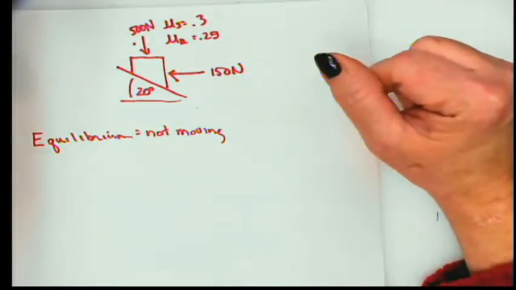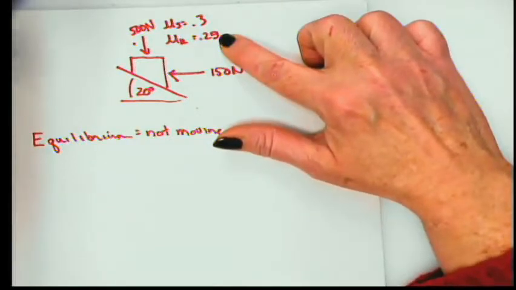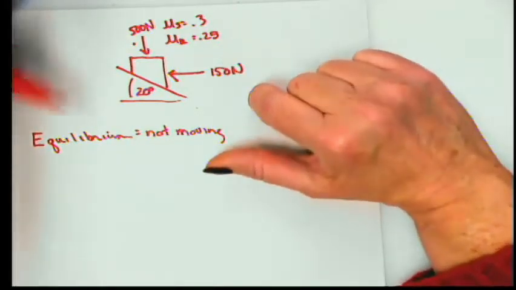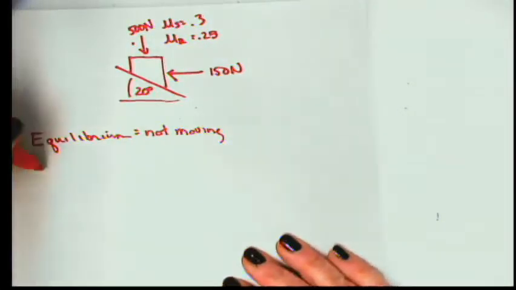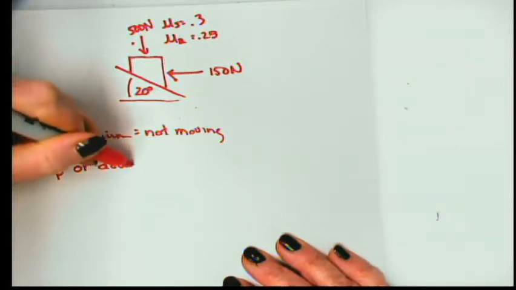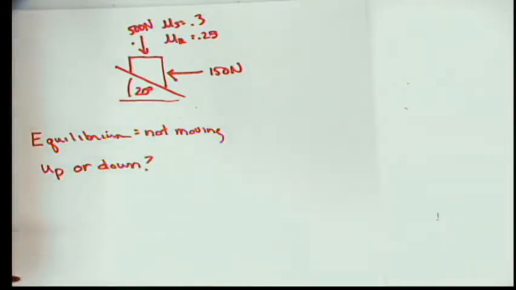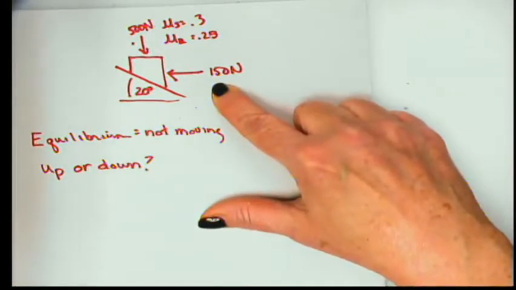And then the next thing we would do is to decide if static friction, if F sub m is larger than that net value of forces, either pushing it up or down the plane. And then we would be able to determine if it's static. If it's not, that means it's going to move either up the plane if this is the more dominant force, or down the plane if this is the more dominant force.